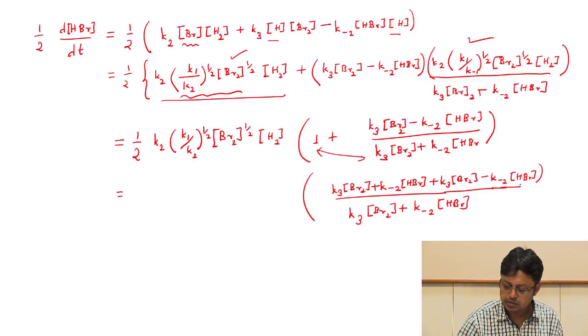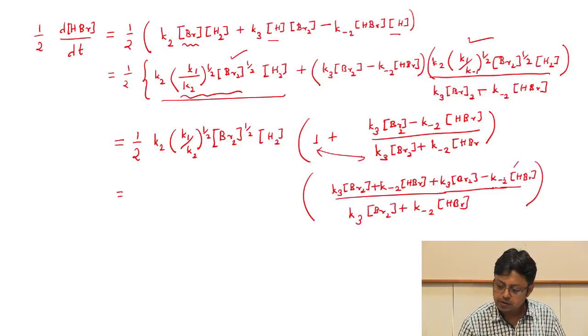So this term cancels with this term, so we'll be left with twice K3 into Br2.